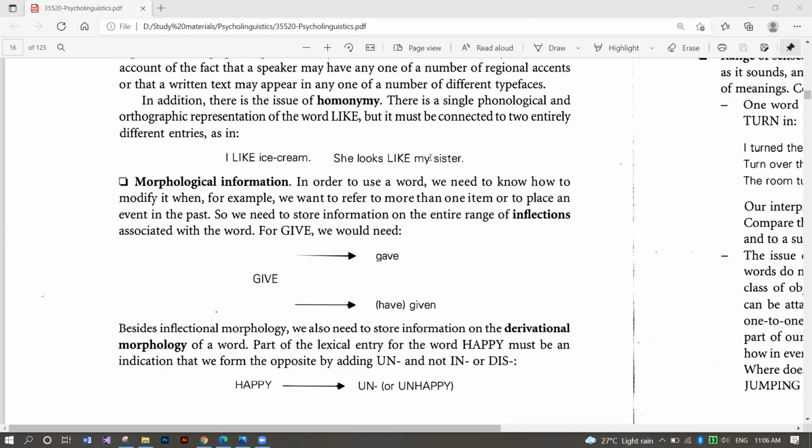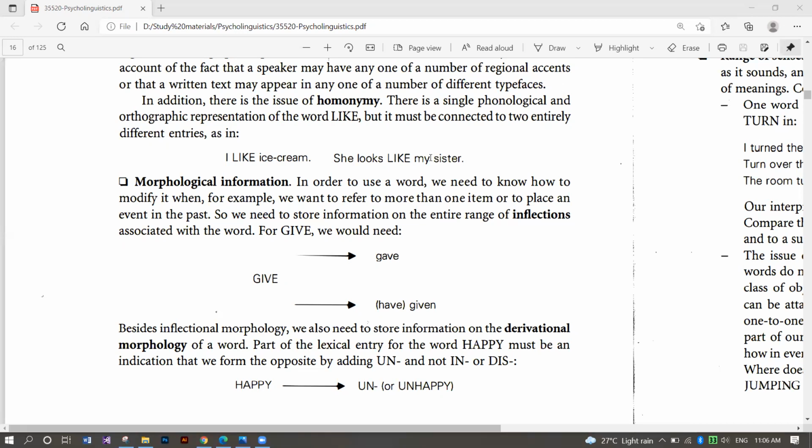The example here, part of the lexical entry for the word happy, must be an indication that we form the opposite by adding un and not in or dis. Here, if we look, we have some words, for example, like. If you want to make the opposite of like, you need to add dis, dislike, but it's not the case with happy.